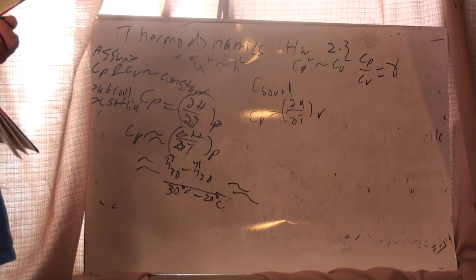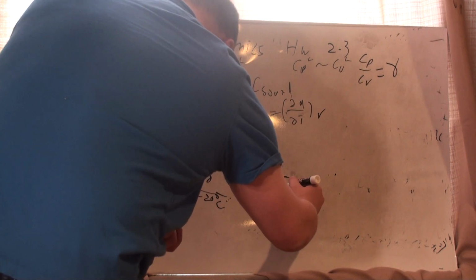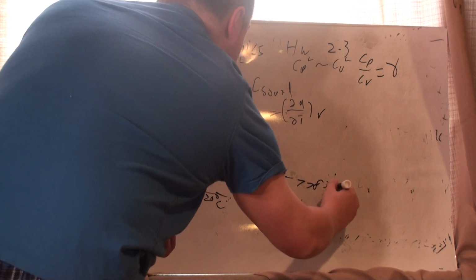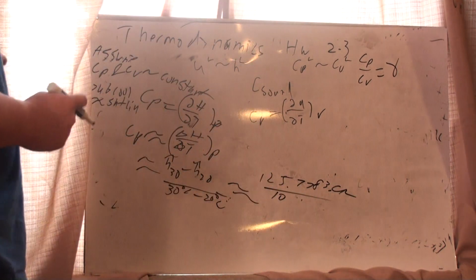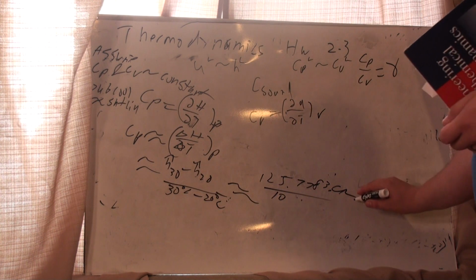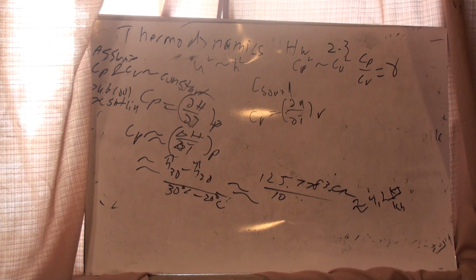Let's see, our heat capacity. 125.77 minus 83.94, over 10. So about 4.2 kilojoules per kilogram K. That seems reasonable. That doesn't seem too crazy, so to speak.